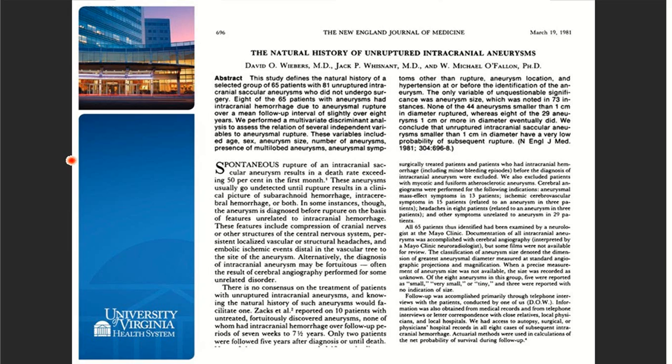So through that period of time, unruptured aneurysms were not routinely treated. Aneurysm treatment was really for those patients who had suffered a subarachnoid hemorrhage. So the beginning of the study of the natural history of unruptured aneurysms with this paper and the subsequent efforts of others was a huge leap forward in cerebrovascular neurosurgery.